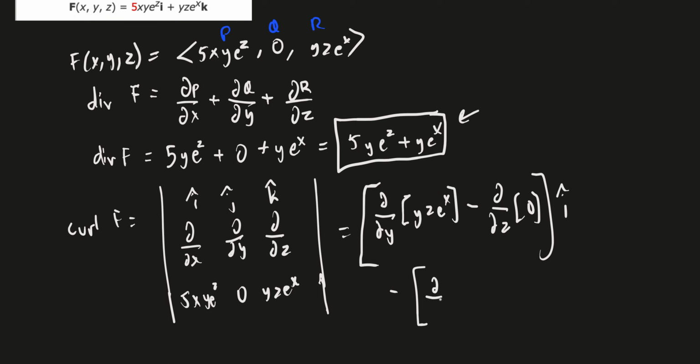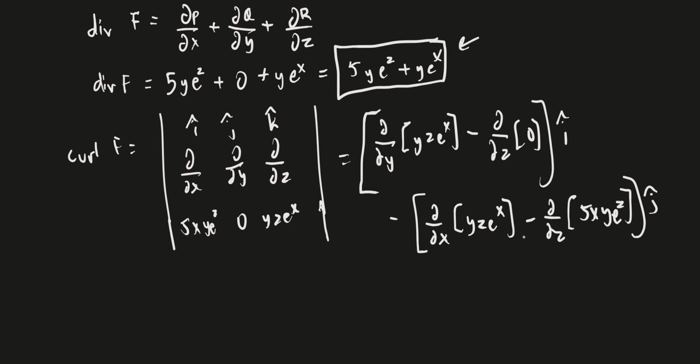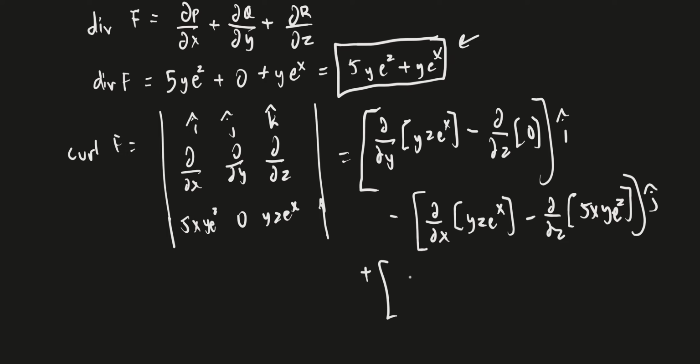And then partial x, y z e to the x, minus partial z, 5x y e to the z, my handwriting, j, and then this is plus, it's not minus, partial x, 0, minus partial y, 5xy e to the z.